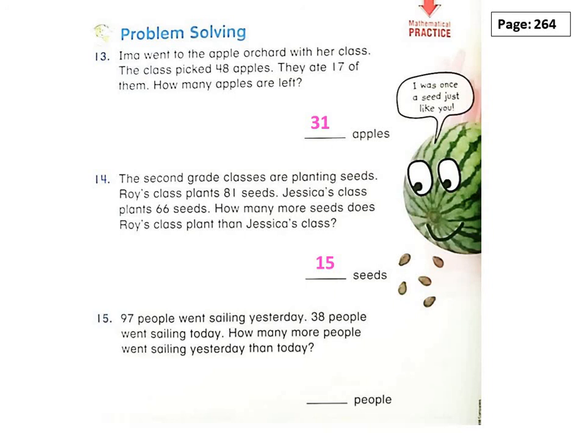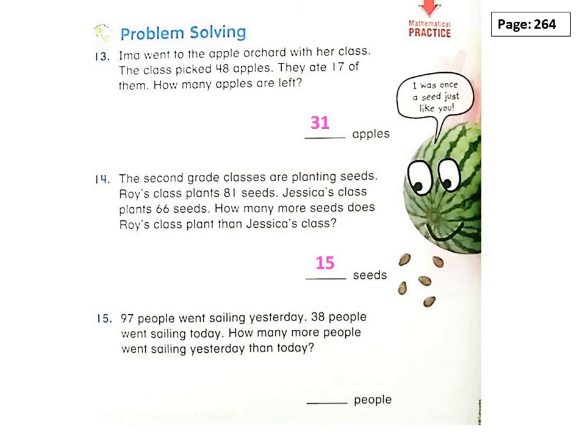Let's see question number 15. 97 people went sailing yesterday. 38 people went sailing today. How many more people went sailing yesterday than today? What do you think, grade 2? They are very easy for you, grade 2. Again, we have to subtract.